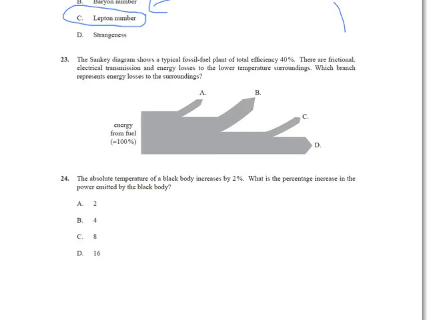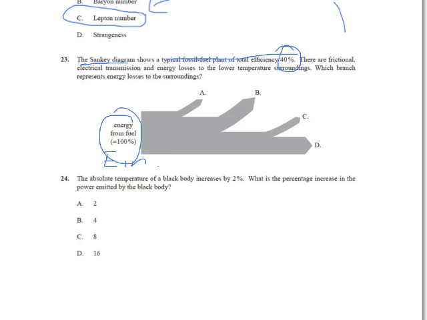Okay, so this question's about Sankey diagrams. If you remember, Sankey diagrams show you how energy is distributed. So here we have the energy in for a fossil fuel plant of efficiency 40%.